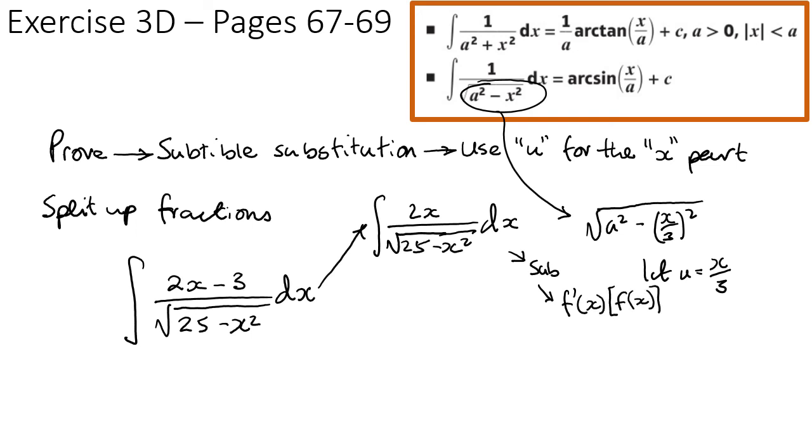So we can use that pattern to integrate, whereas the other part, where you'd have something like negative 3 over the square root of 25 minus x squared, then take the negative 3 across, and it's probably going to be something like this here that we'd use to integrate the other part of it.